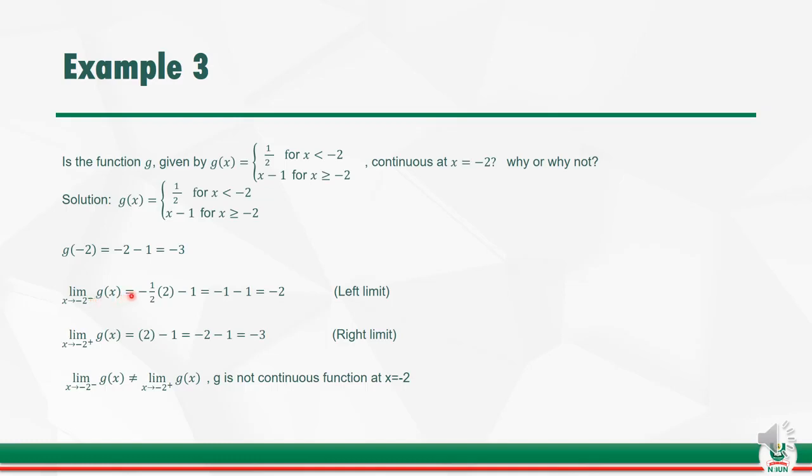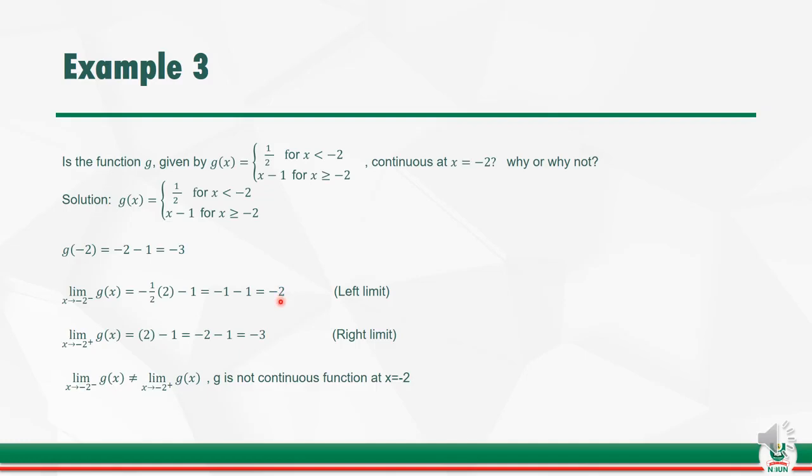Then if you put it in the left, we have 1 over 2 x. Where we have x, we replace it by minus 2, minus half times 2 will give us minus 1. We have minus 1 minus 1 is equal to minus 2. This gives us minus 2.